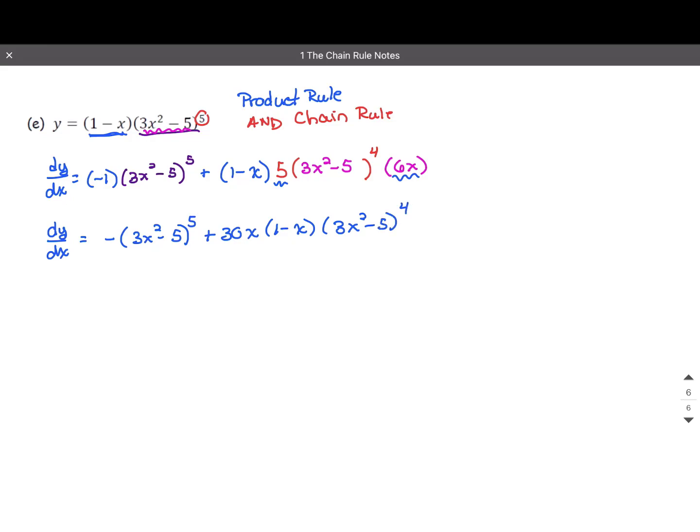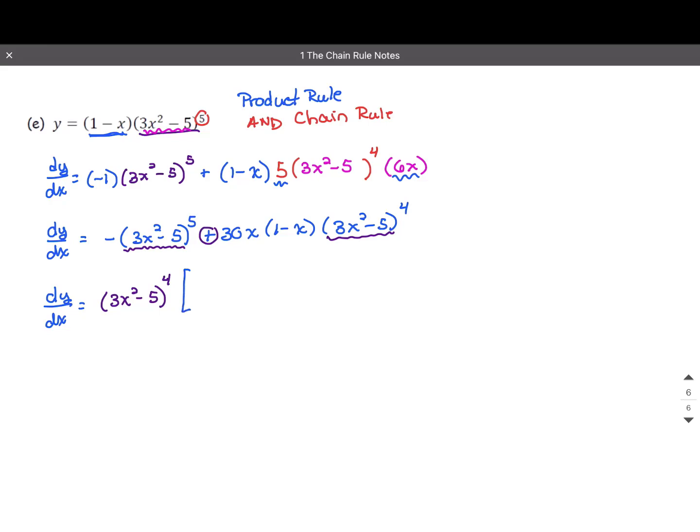Now, yes, technically, you're done, but I want you to see some more algebraic manipulation because I think it's important that you can do this. If you notice, this term has a 3x squared minus 5, and so does, after this addition sign, so does this. So we can take out a 3x squared minus 5, but not only can we take out a 3x squared minus 5, we can take a 3x squared minus 5 to the 4th.